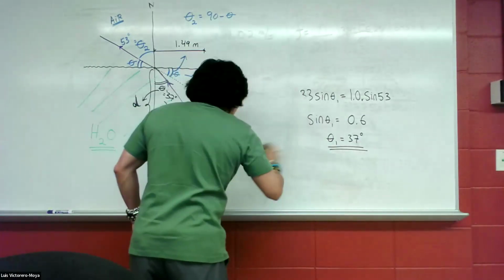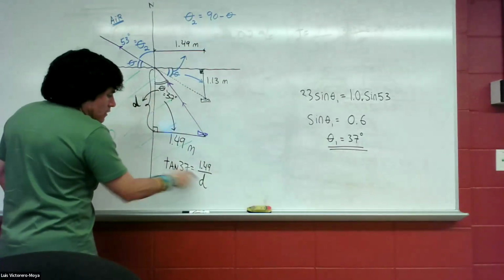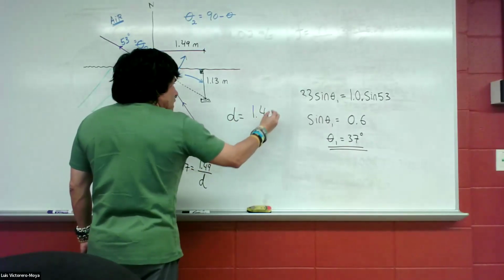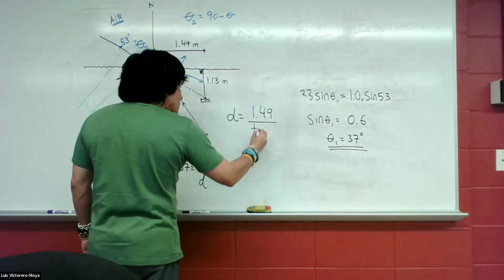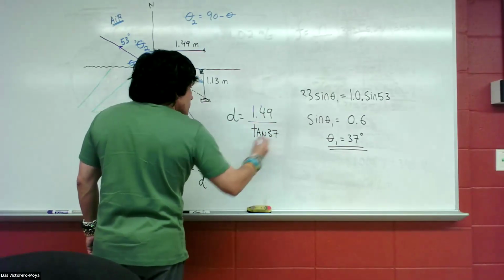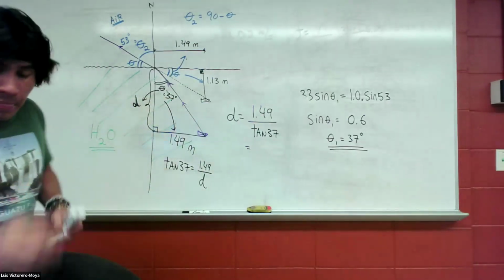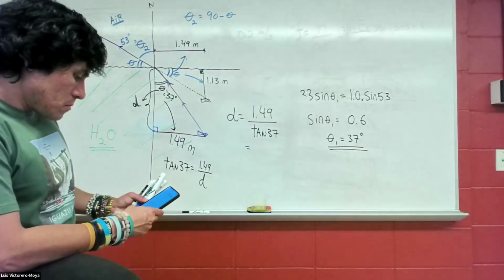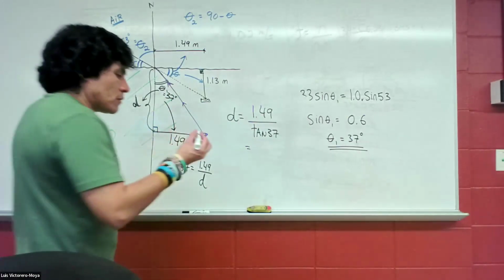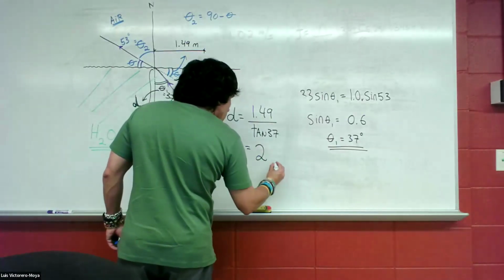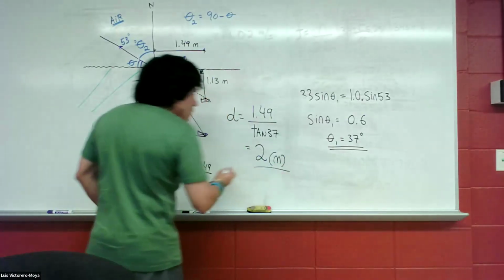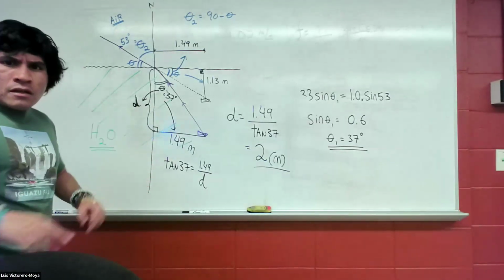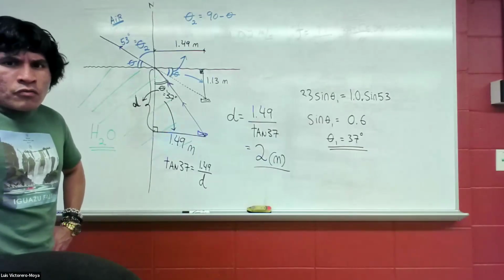Sometimes algebra, right? D goes here, this goes down. So D is 1.49 divided by the tangent of 37, which is 3/4, by the way. Yeah, I get about 2 meters, 1.97. So that's another interesting problem of refraction.